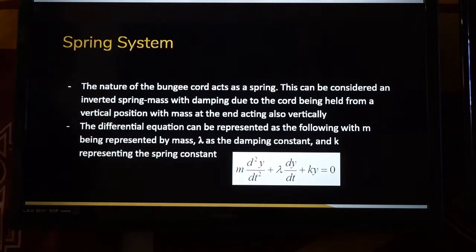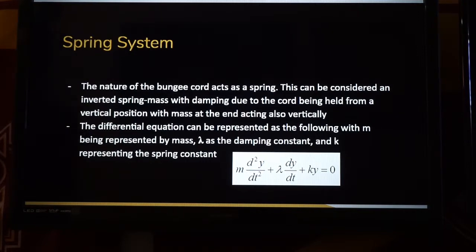Now, as we mentioned, there's a spring system that works within the bungee cord itself. We can show that the bungee cord acts as if it is a spring. This can be considered an inverted spring mass system with a damping constant. It is an inverted mass spring system because there is a mass attached to the bottom of a spring suspended vertically, like the bungee cord jumping off of a high cliff.